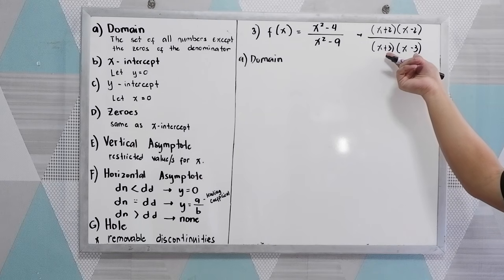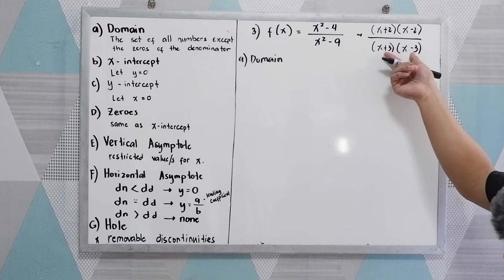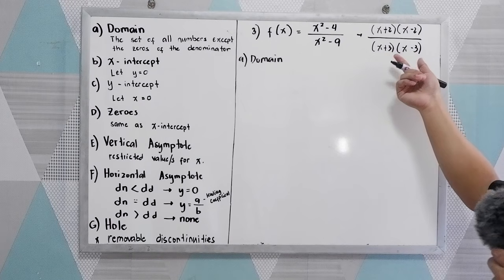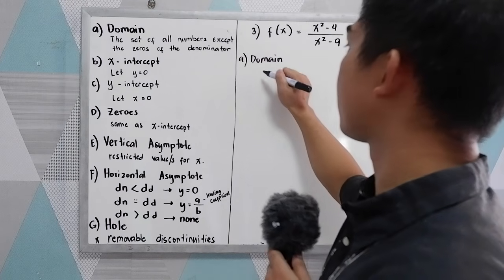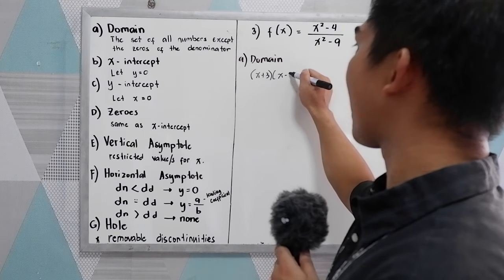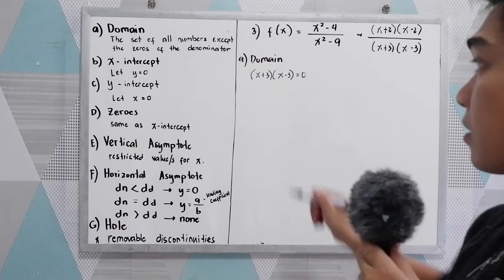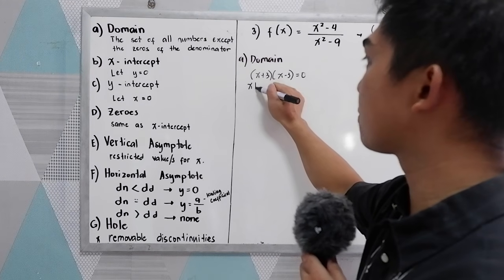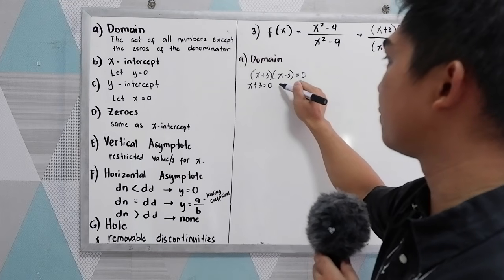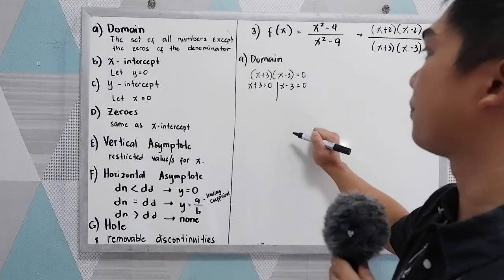Our denominator is x squared minus 9, that is the same as the quantity x plus 3 times x minus 3. So that is x plus 3 and x minus 3 equate to 0. Now solve for x. We have x plus 3 is equal to 0 and x minus 3 is equal to 0.